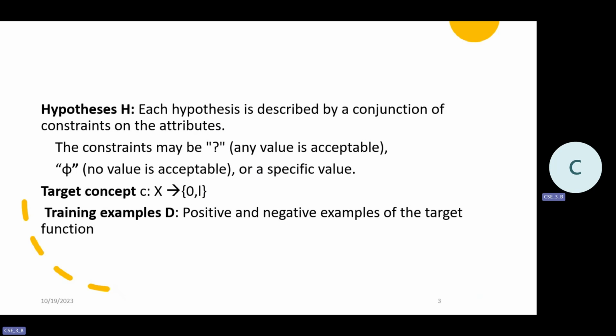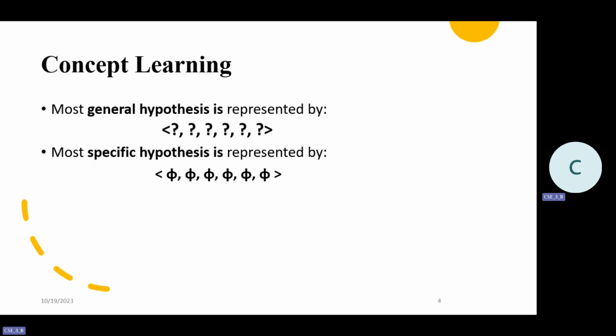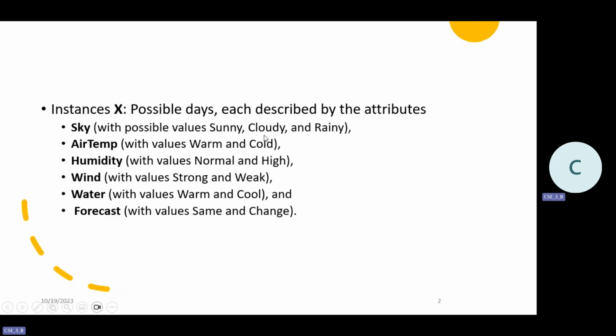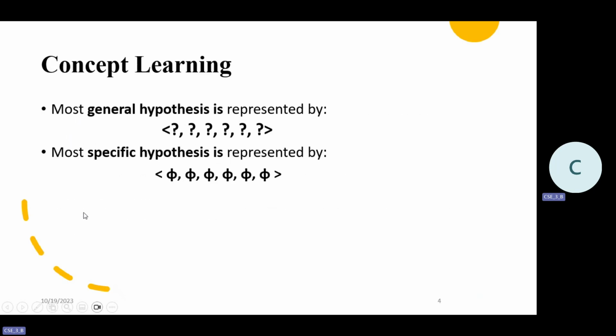Once we are able to define the hypothesis, next we observe what is the general hypothesis and what is the specific hypothesis related to the instances that are given. The most general hypothesis is represented by considering the number of attributes given in the instance set, that is nothing but the data set. As per the data set, there are totally 6 attributes, so we represent the same as 6 question marks here.